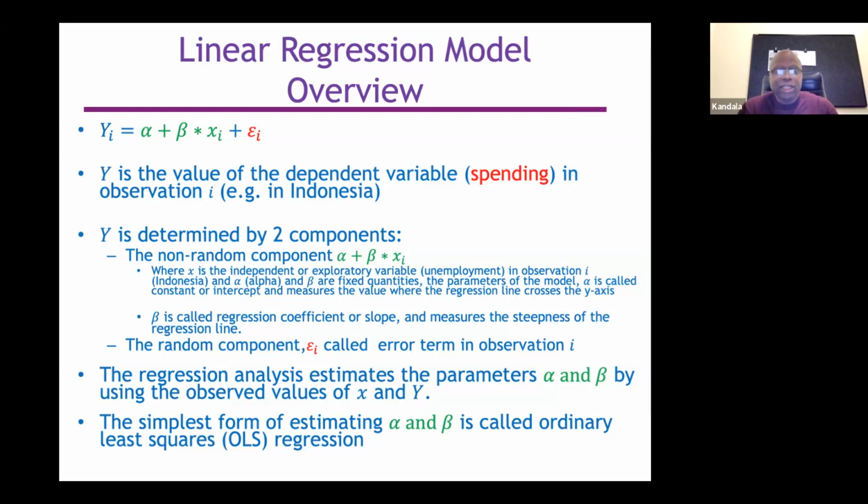That is the big difference, or the importance of simple regression analysis as compared to the correlation coefficient we are familiar with.